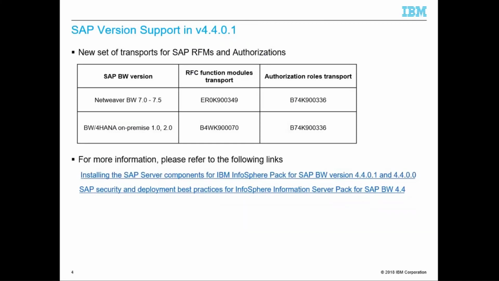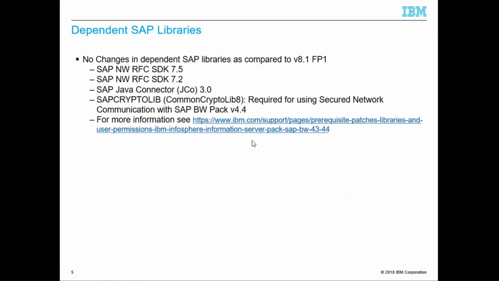So far, as you know, no RFM or RFC transport was required to run SAP BW Pack. But in this particular fix pack, as we will be explaining later on, there is a requirement of some RFMs which the SAP BW Pack will install on your SAP server, and therefore you require additional RFM transports in this particular slide. So you can refer to it later on as well.